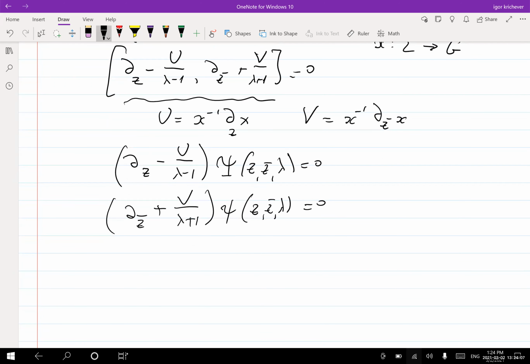So we can define monodromies of this equation. Igor, quick question. Yes. Lambda, is this some number we've seen before, or just appears in this equation? We haven't seen this lambda. Lambda is just a so-called spectral parameter. So this equation should be satisfied for any complex value of lambda. Okay.